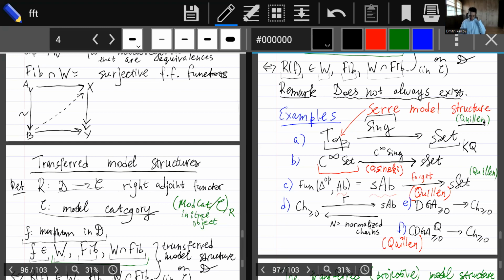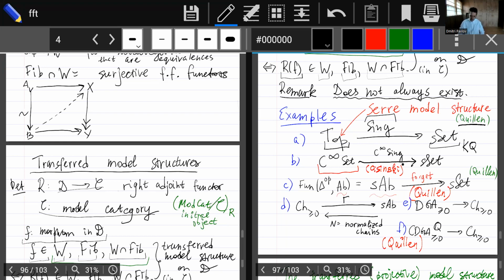You can do very similar tricks, and this will be relevant for what we do later, by transferring the model structure on simplicial sets along the smooth singular complex functor to smooth sets, which almost immediately tells you that smooth sets are Quillen equivalent to simplicial sets.